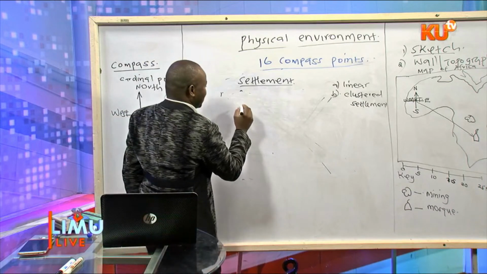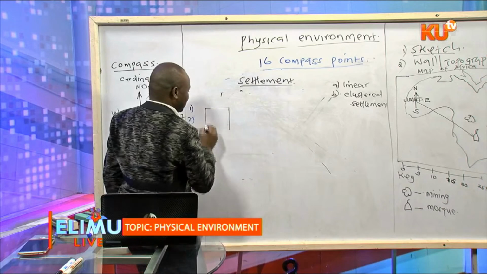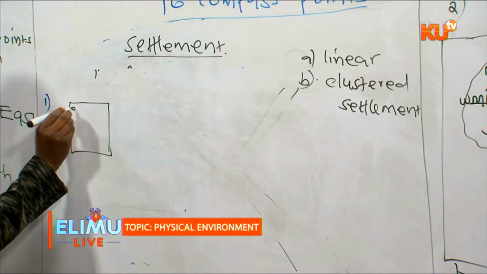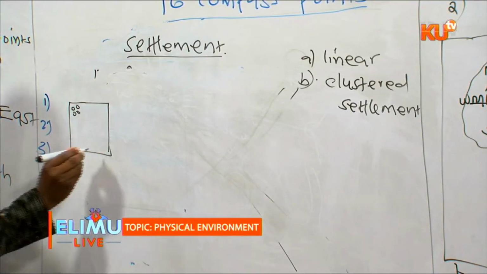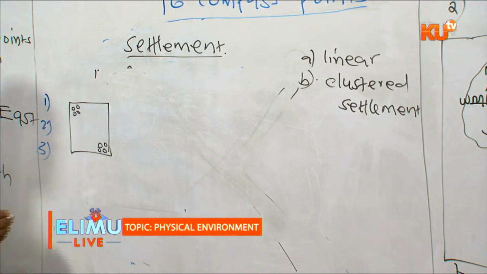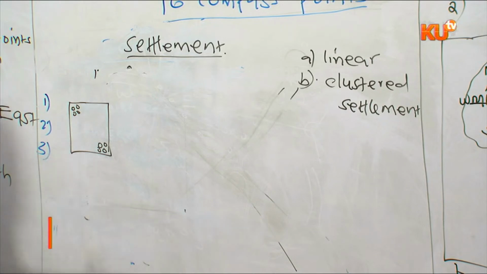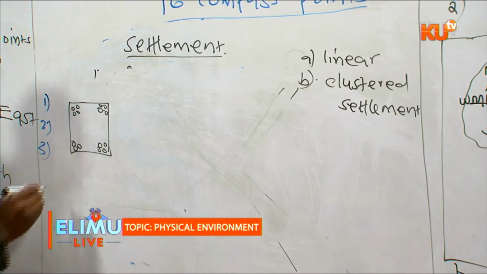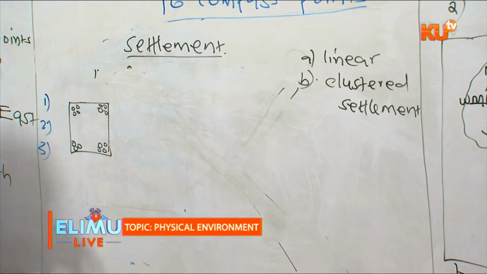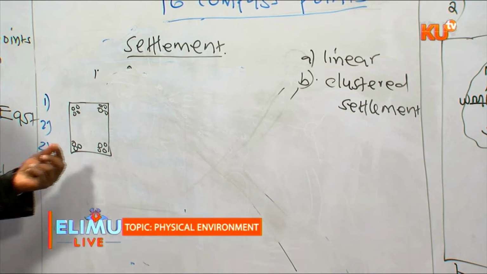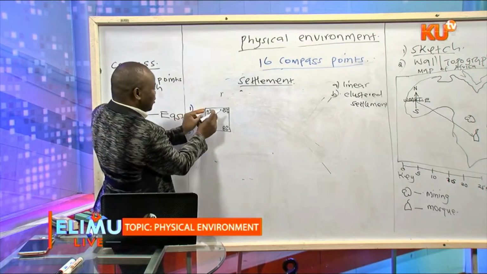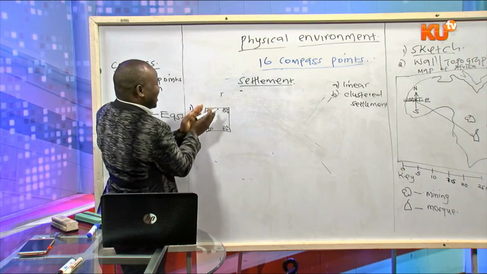You are going to find maybe this one is a map, and that map we have some people living at that corner, we have others living at that corner. So there is a very large group of people that are concentrated in one area, but at different places. So we have this one, this, and this. When you find such a scenario, of course you are going to give it clustered settlement. How? Because there is a distribution of people who mostly live in one area and concentrate there.